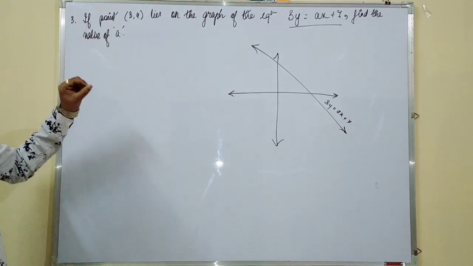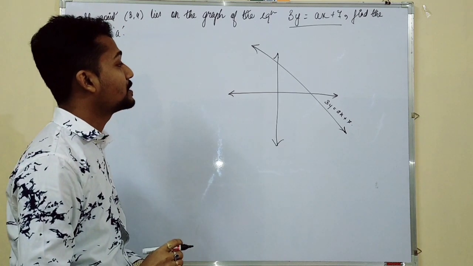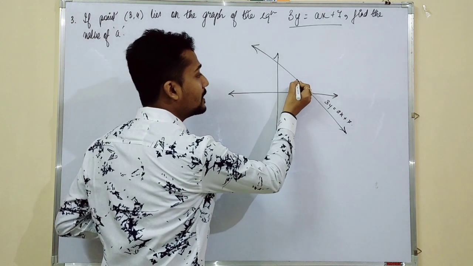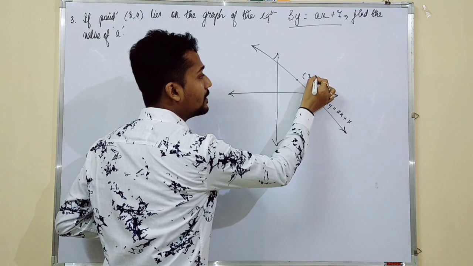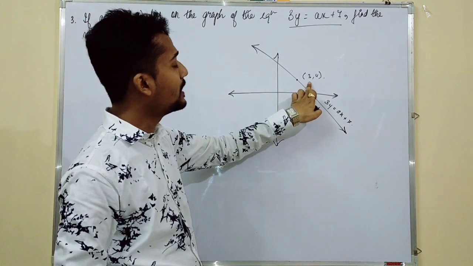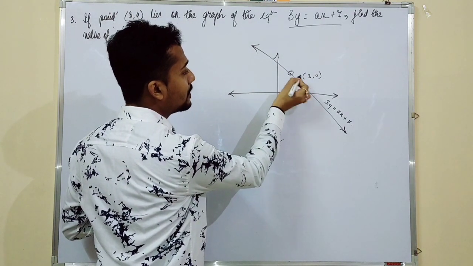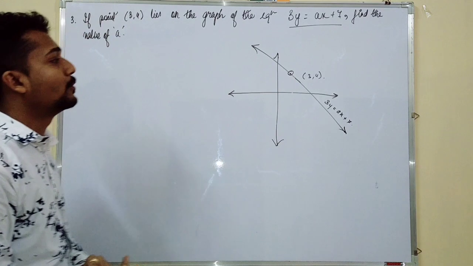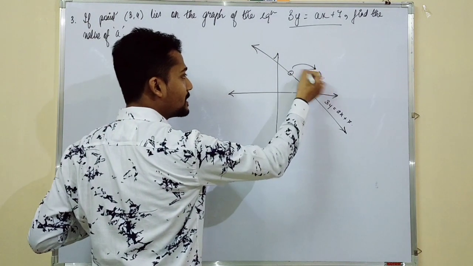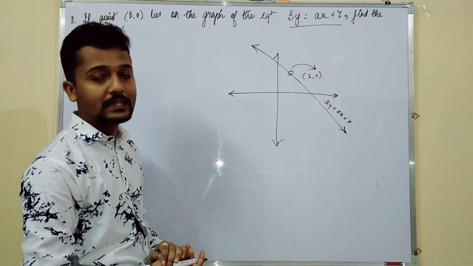And what is being said: the point (3, 4) lies on the graph of the given equation.